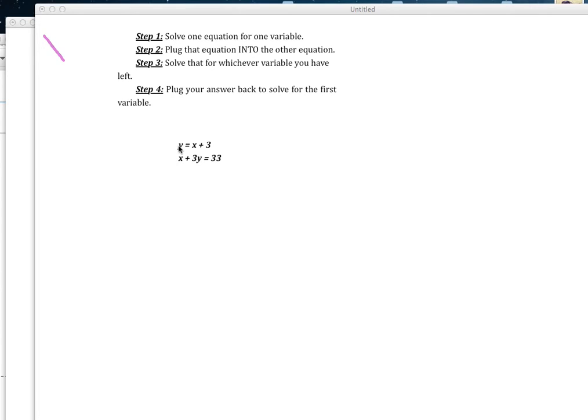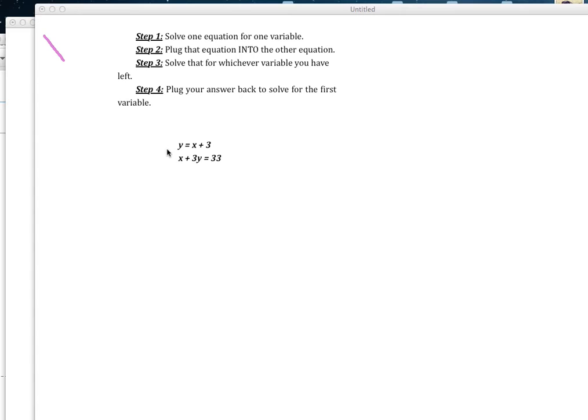So it kind of seems like a mess of words, but once you do an example, I think we'll be okay. So this example is number 1 in our packet, and we have y equals x plus 3, and we have x plus 3y equals 33. We want to solve this system, so again, we're looking for what coordinate point makes both of these true, where they would intersect if we were going to graph them.